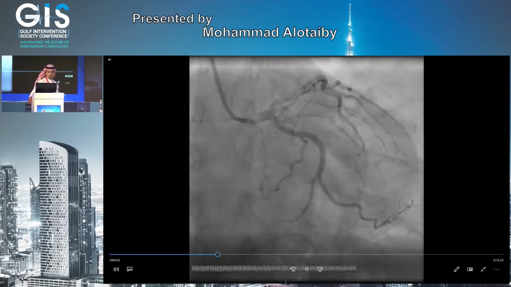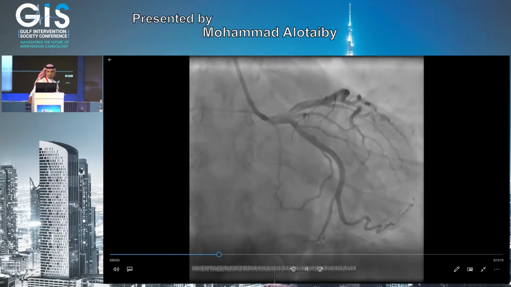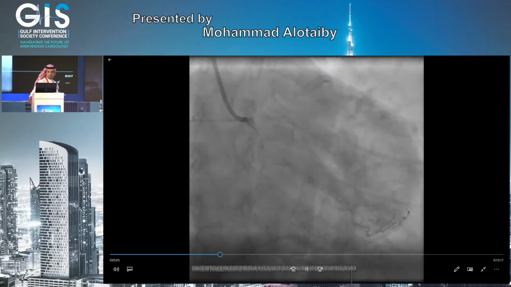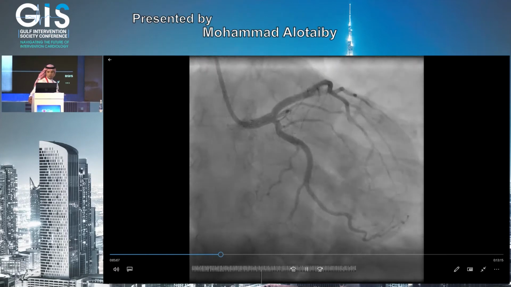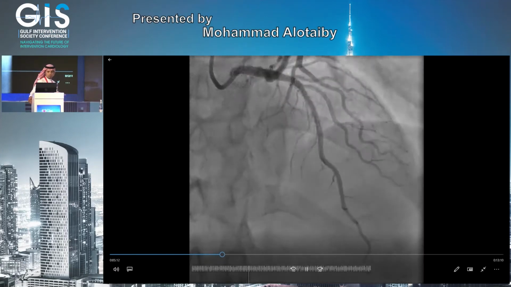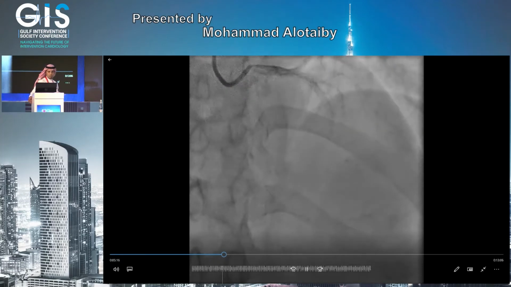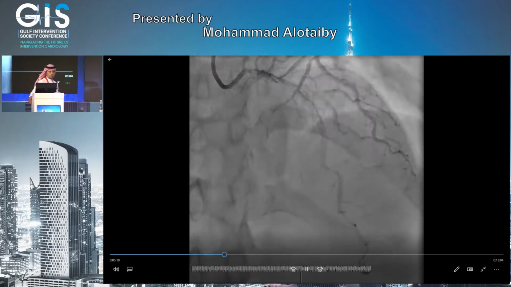And you see the left main is fine, the circ has no apparent lesion, and there is a stent which is patent in the mid LAD, and there is tortuosity in the LAD itself. This is very common in ladies, but it might suggest that the initial pathology was not necessarily atherosclerotic.